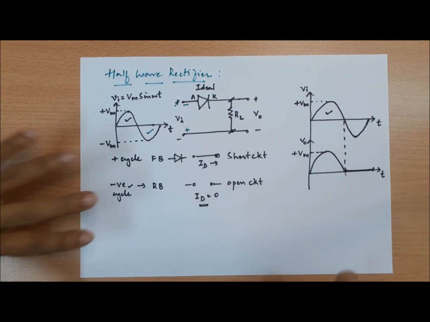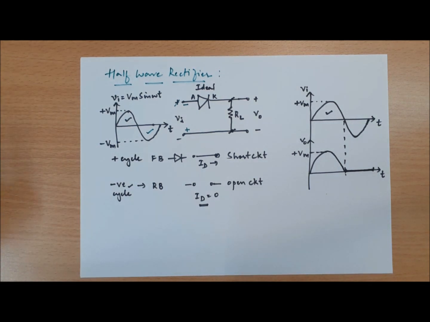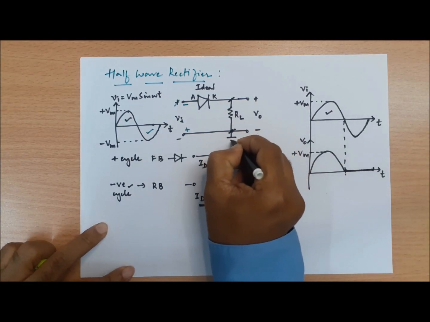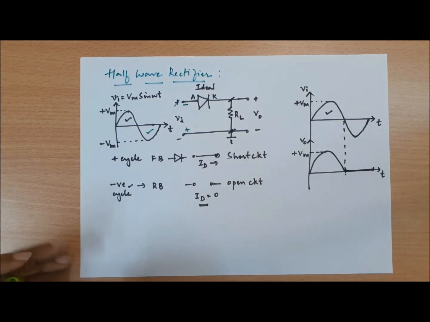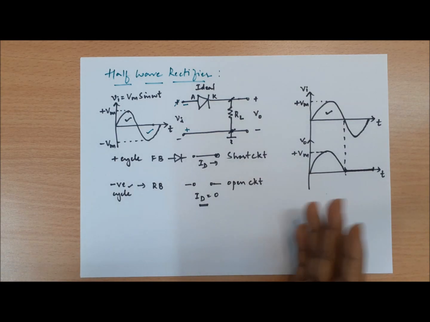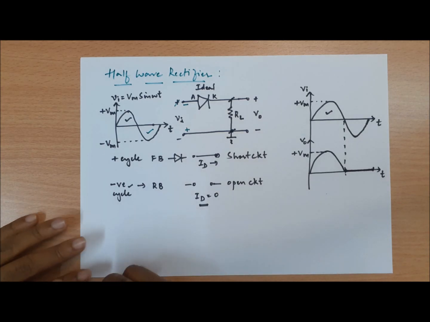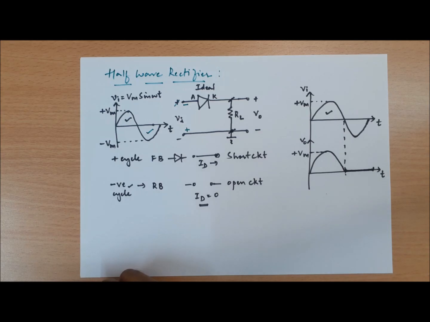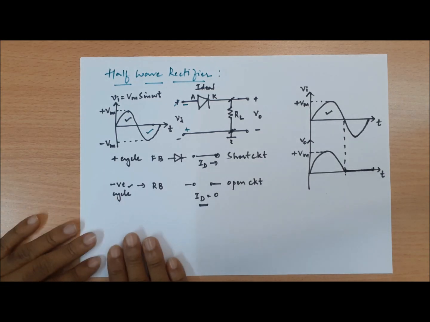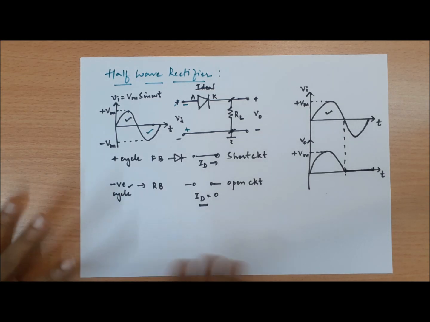Conceptually this is very simple. There should not be any confusion regarding this. This is the ground which I had forgotten to mention. Now, since we have understood the working of a half wave rectifier circuit, what are the important parameters associated with it?